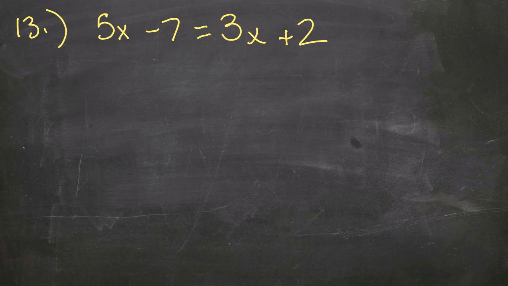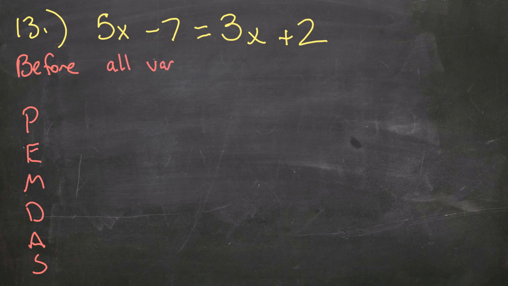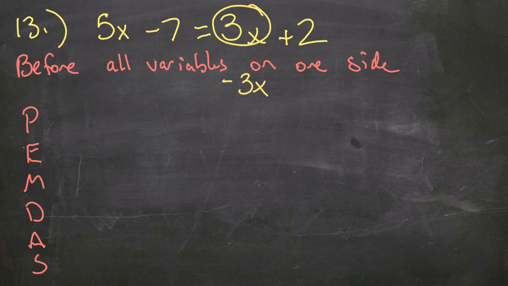So before PEMDAS, put all the x's or all the variables on one side. And to do that, I'm gonna move this 3x over. So I'm gonna subtract 3x from both sides.